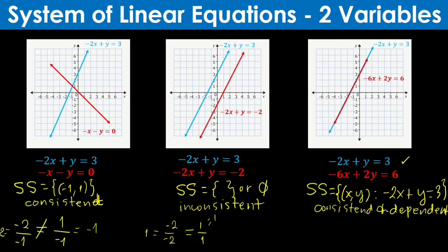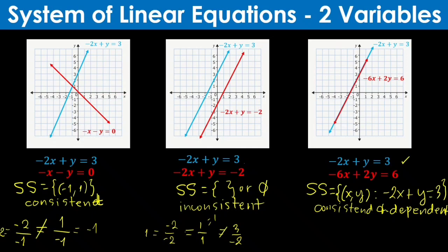And they're equal. But you have to consider the constants as well. The ratio of the constants is 3 over -2. So here they're equal and here they're not equal. That means it's inconsistent. And it's pretty obvious actually, because here they have the same slope.